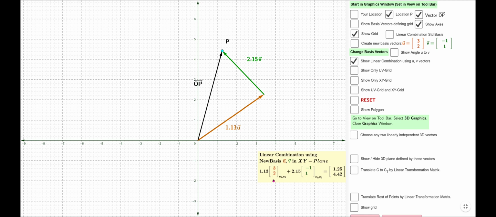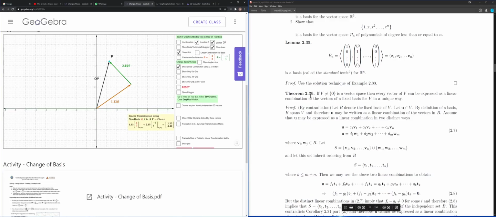The point about this theorem is it's telling you something about these scalars over here, right? These scalars are unique, right? You can't find any other scalars that would satisfy this vector equation, right? So that is what theorem 2.36 is saying, right?